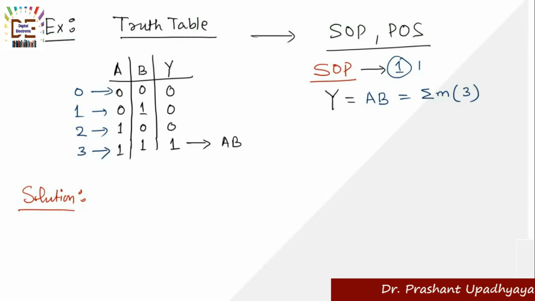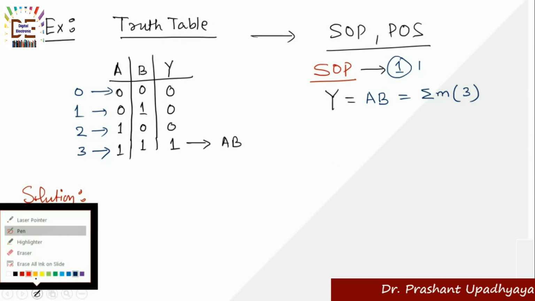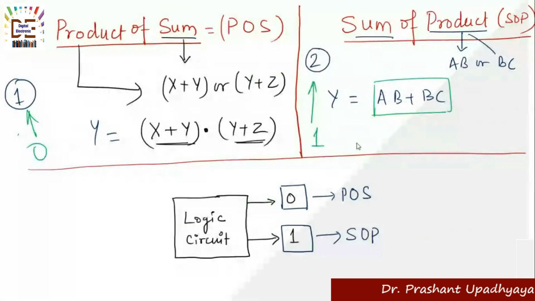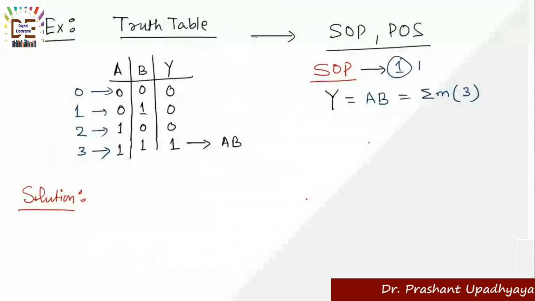If I take the other role, let's say I talk with respect to POS, you can see that in POS the main role is being played by 0. So whenever we are getting 0, we will take that answer.